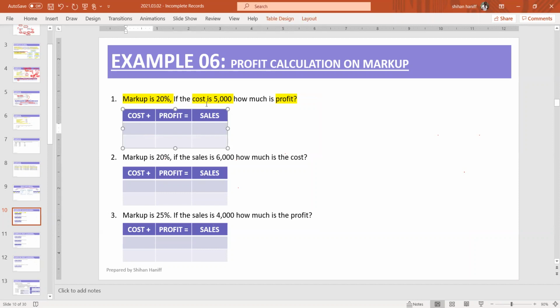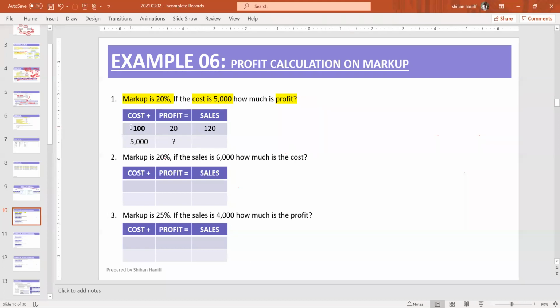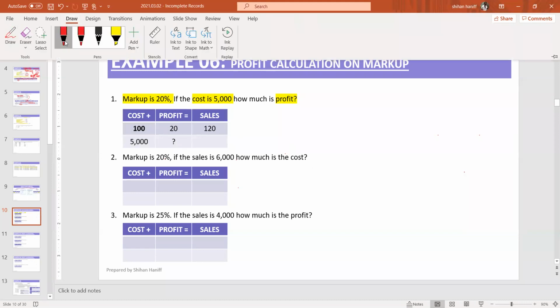If they say markup is 20%, markup means on cost. Cost is 100, profit is 20, sales is 120. Then the cost is 5,000. How much is profit? So this is the equation. Now 100 means 20. How much is 5,000? Take it like this.